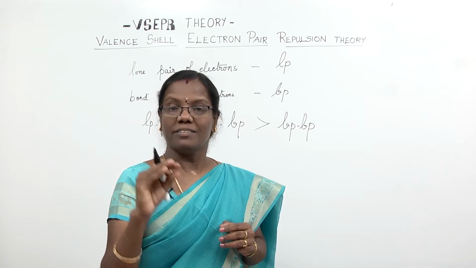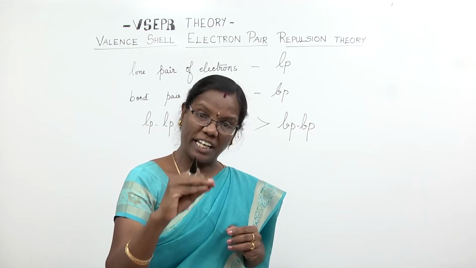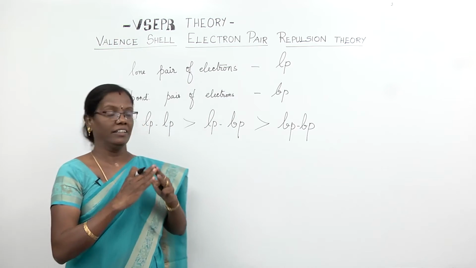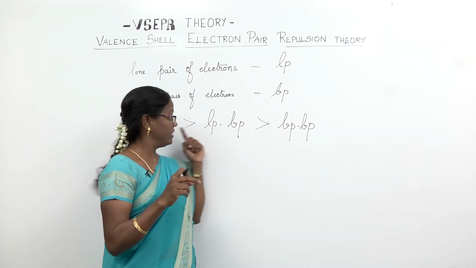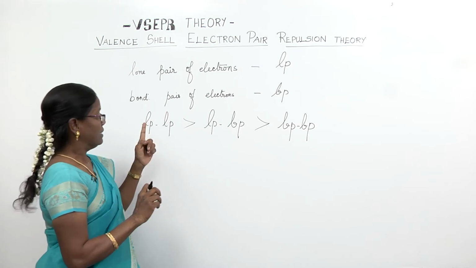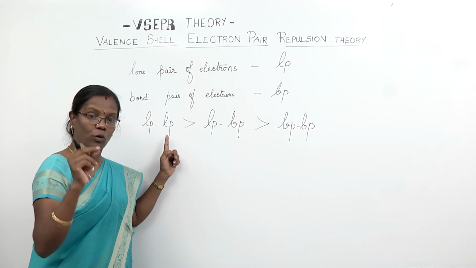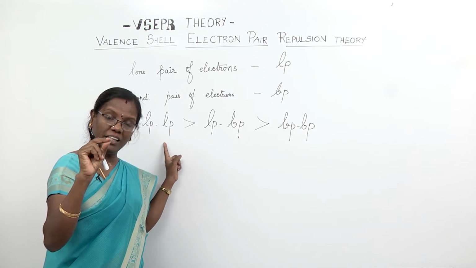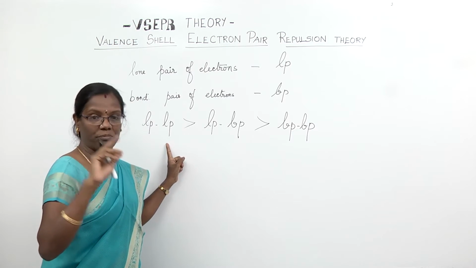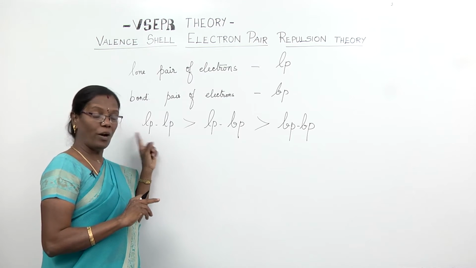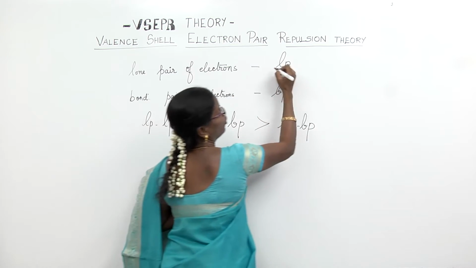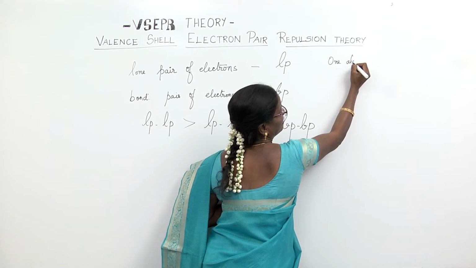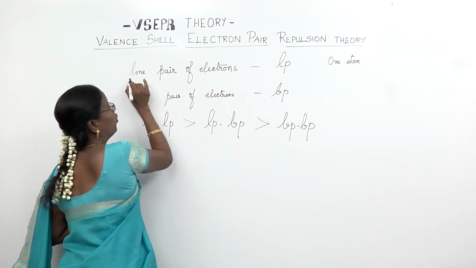So, what does the molecule do? In the molecule, the atoms will be located in such a way as to minimize the repulsive force between these pairs. The lone pair repulsive force is higher because a lone pair of electrons will be on only one atom. That is why it is called lone.